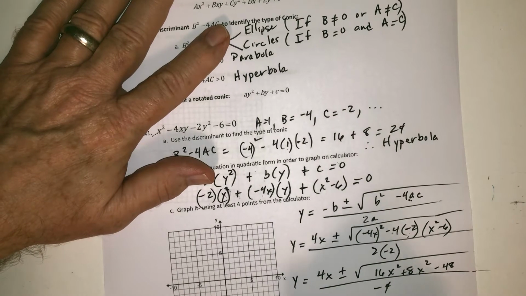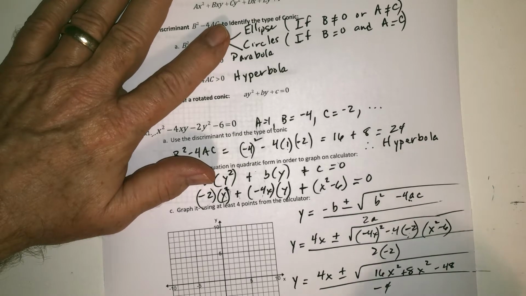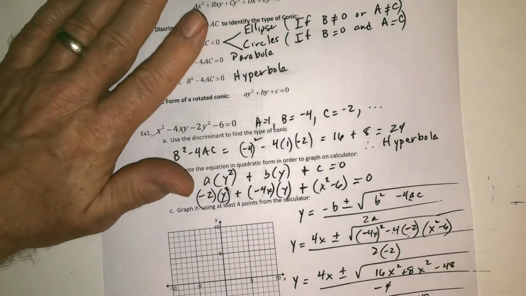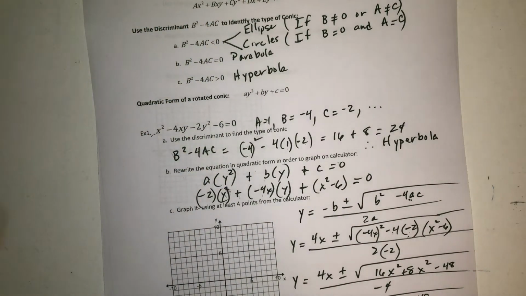And I'll clean that up a little further because I can combine those two terms. Y would be equal to 4x plus or minus the square root of 24x squared minus 48, all divided by negative 4. Now you can plot that in the calculator.